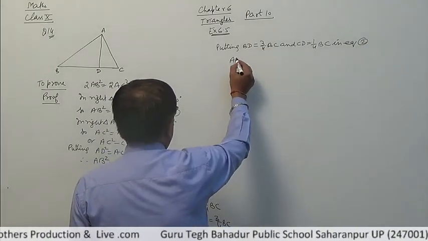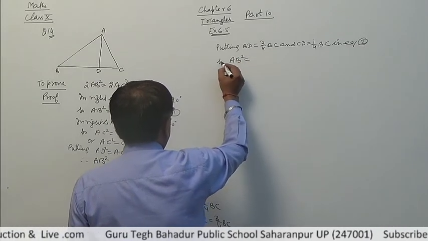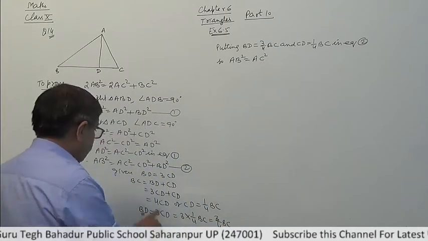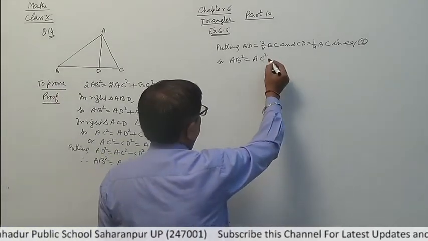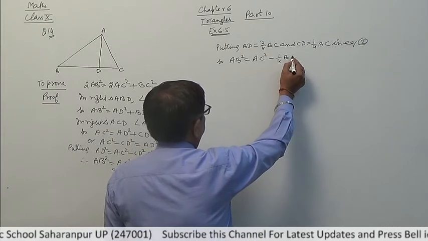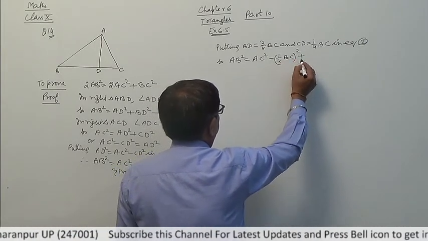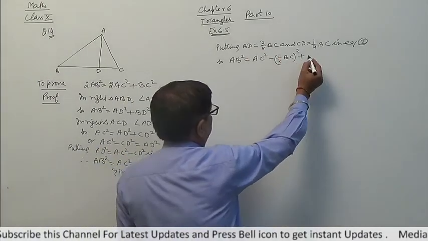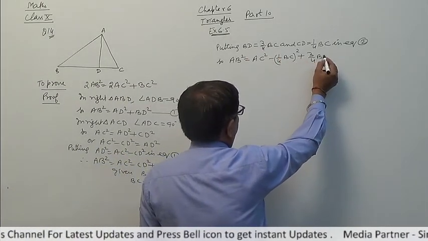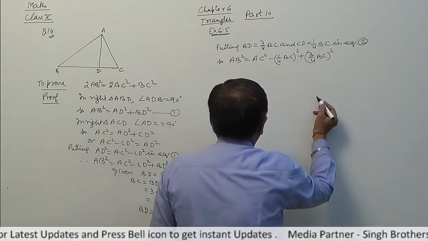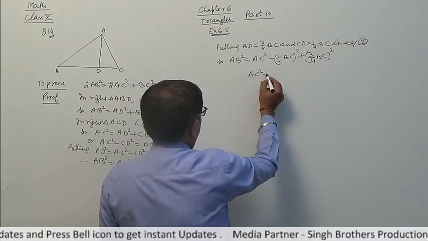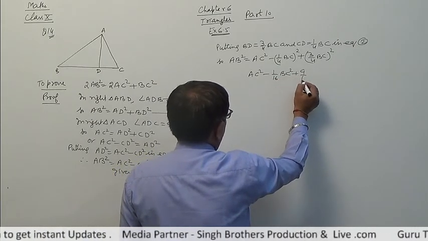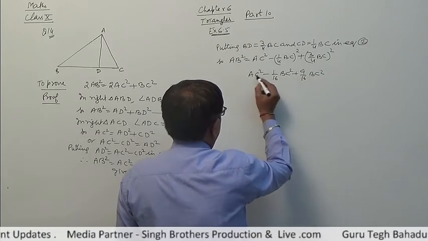So it will be AB square is equal to AC square minus CD square, CD is 1 upon 4 BC, plus BD square, BD is 3 upon 4 BC. AC square minus 1 upon 16 BC square plus 9 upon 16 BC square.